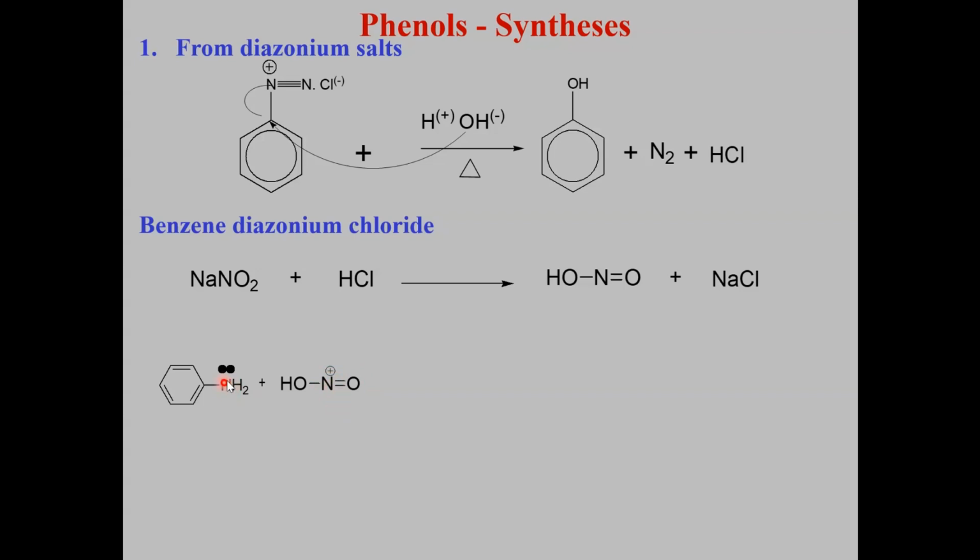The amino group nitrogen has a lone pair of electrons as nitrogen is in sp3 hybrid form. The nitrogen in the amino group of aniline is electron rich. The nitrogen in nitrous acid is electron deficient. Hence, unlike poles attract each other.